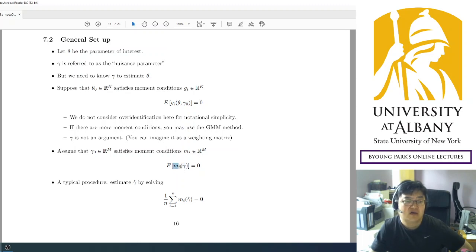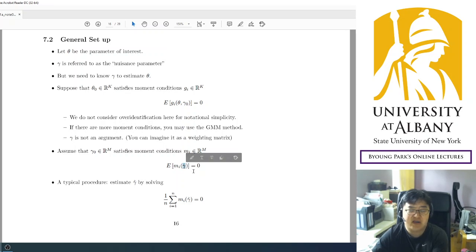And in two-stage least squares, m will be the moments from the first stage regression. So you can also think about where you can identify gamma from the examples. Given this and this, now you can imagine how we can estimate them.